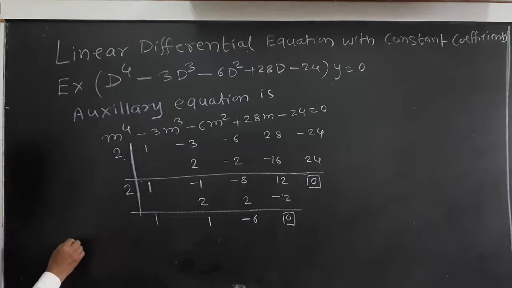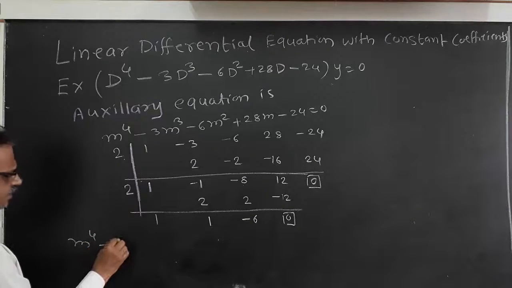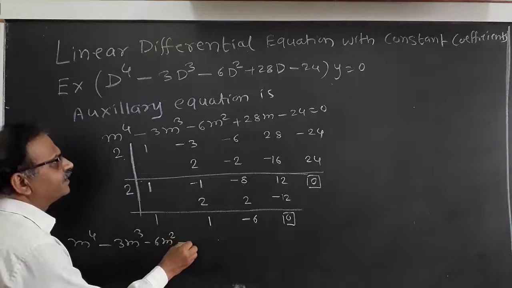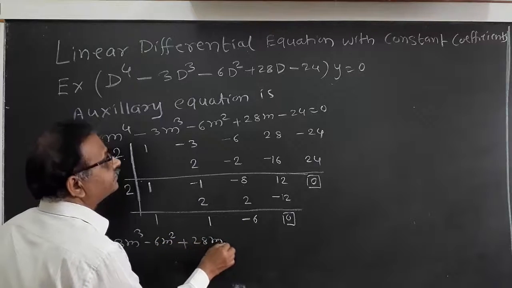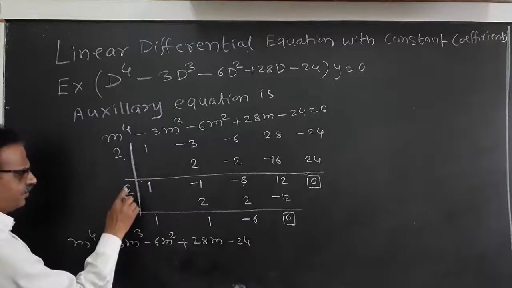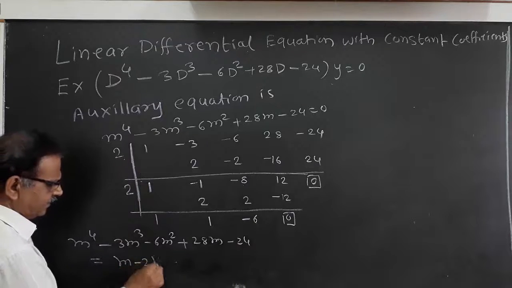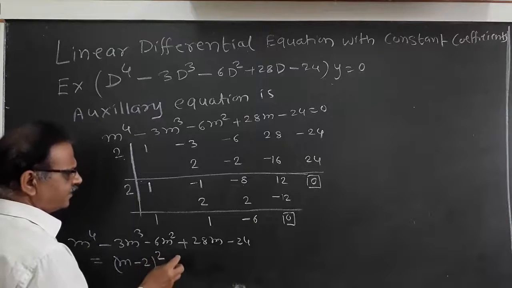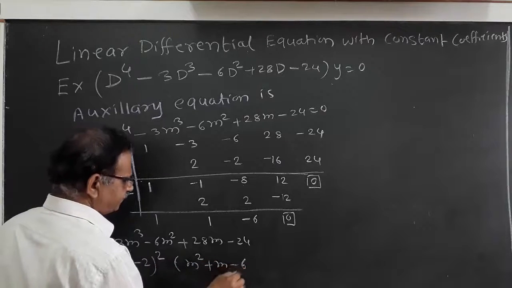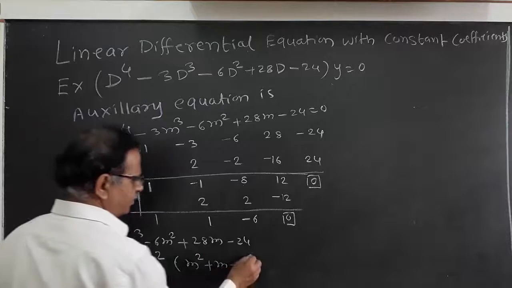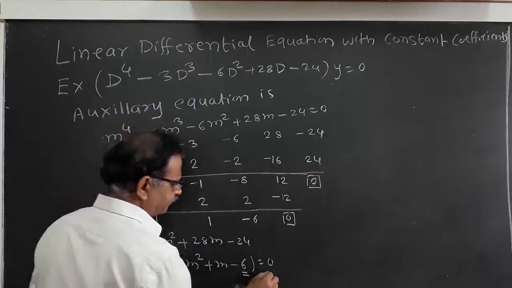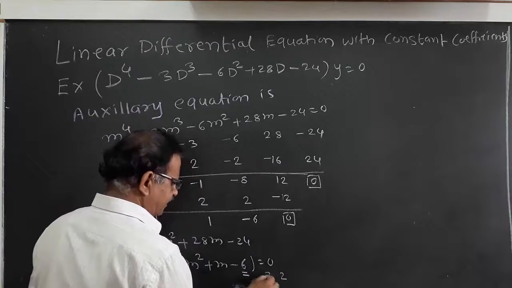Therefore m raised to 4 minus 3m cube minus 6m square plus 28m minus 24 can be written as m minus 2 into m minus 2, that is m minus 2 square, into m square plus m minus 6 equal to 0. Minus 6 has the factors 3 and 2, and 3 minus 2.